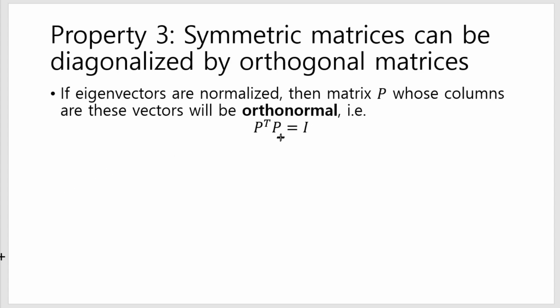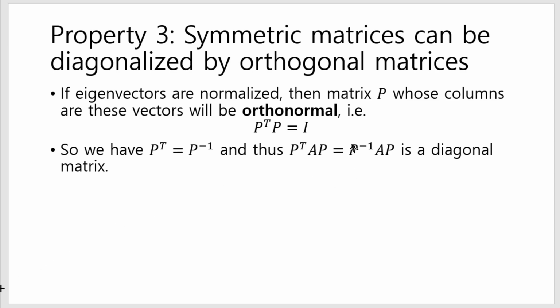But here's something extra that's pretty important. If the eigenvectors are normalized, then matrix P whose columns are the vectors will be orthonormal. Okay, so why is that true? So I said P is made up of V1, V2, and so up till Vn, right?